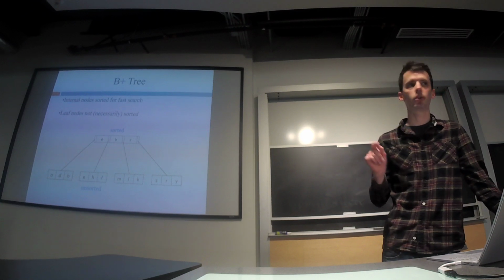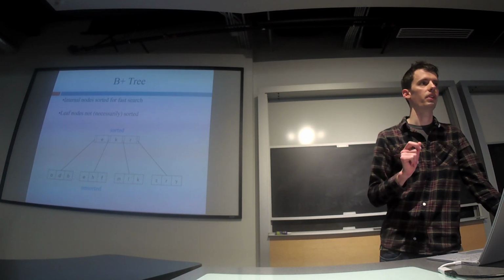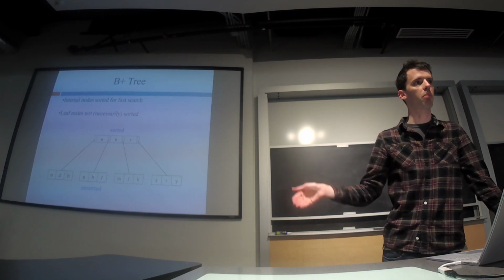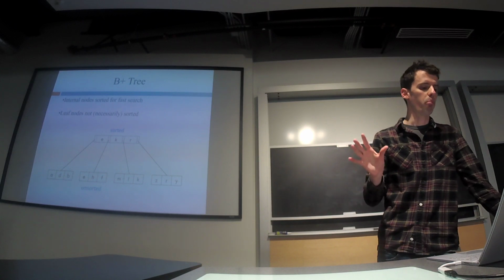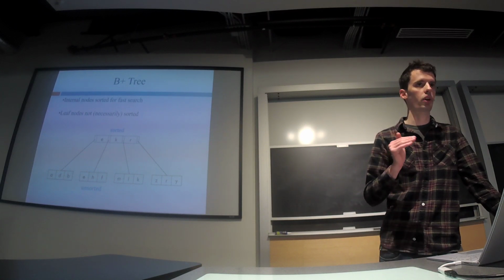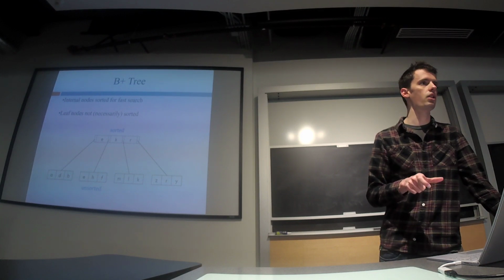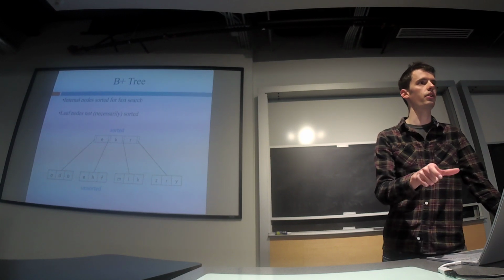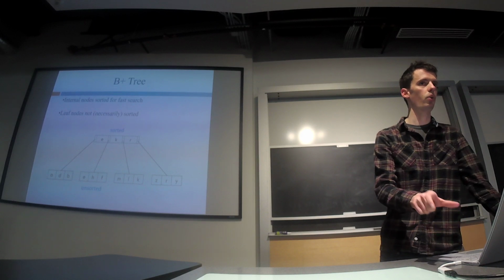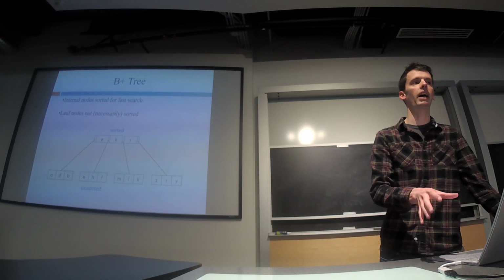The internal nodes do need to be sorted so that you can actually find the right branch to follow quickly. The main reason for sorting internal nodes and not leaf nodes is that the leaf nodes are going to change much more frequently than internal nodes will. So you don't want to have to resort every time you add or delete something.